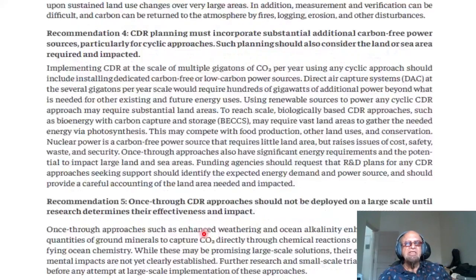Okay. Recommendation 4 then, CDR planning must incorporate substantial additional carbon-free power sources, particularly for cyclic processes. Such planning should also consider the land or sea area required, and impacted. So obviously, if you are doing adsorption and then heating material up for desorption to reuse the material that will precipitate out CO2, then you need a lot of energy.